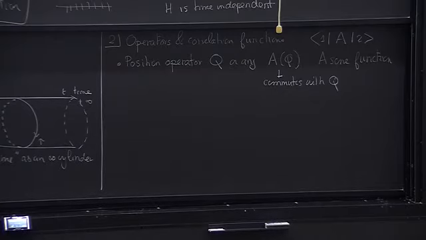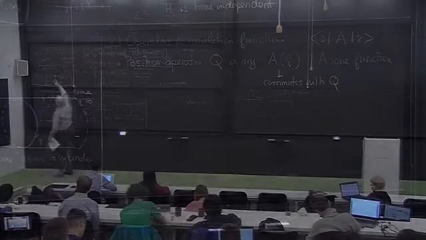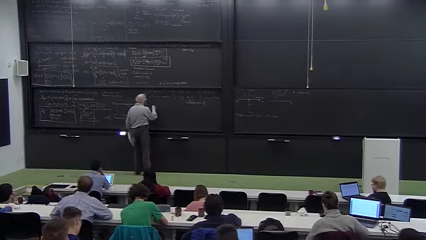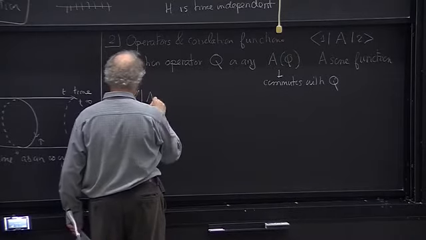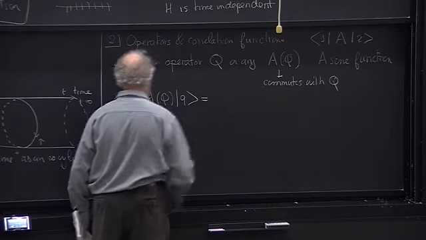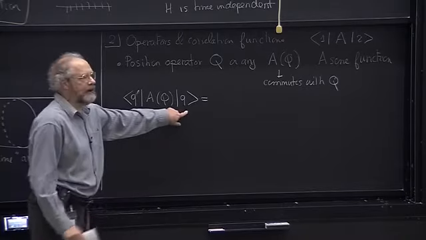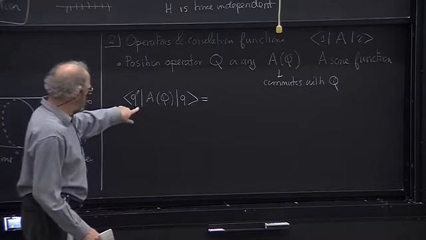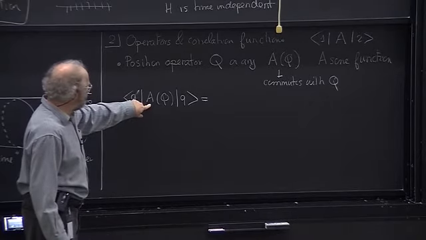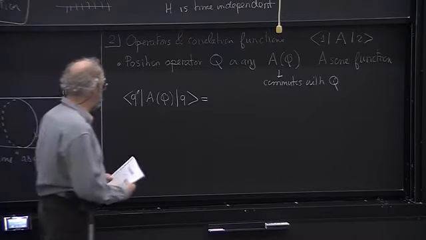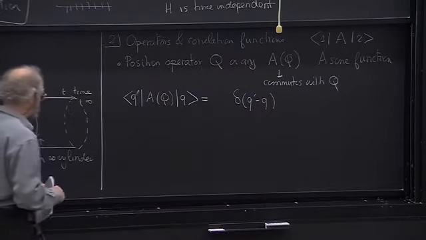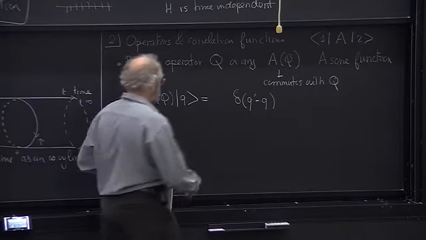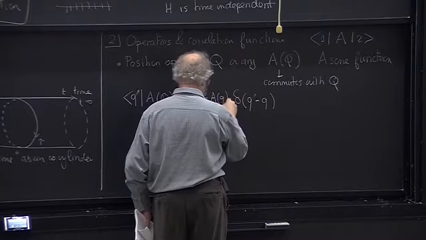It's quite easy to check what it is, because in the position representation of states, if you consider a matrix element between some Q and some Q prime of A of Q, this is a matrix element between two different position eigenstates of an operator which is a function of Q. Since A of Q commutes with Q, it can be diagonalized in the basis of Q. So this is basically the standard scalar product, delta of Q prime minus Q, because this is non-zero only if Q equals Q prime, times the function A of Q, which is now a number.